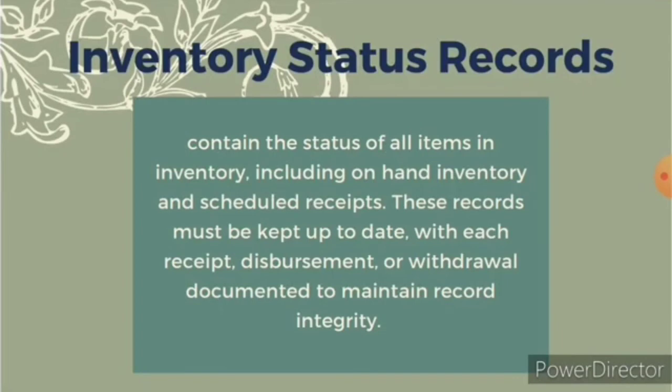The last one is inventory status records, contain the status of all items and inventory, including on-hand inventory and scheduled receipts. These records must be kept up to date, with each receipt, disbursement, or withdrawal documented to maintain record integrity. So, kaning nga file, it contains important information, such as what items should be ordered and orders should be released.